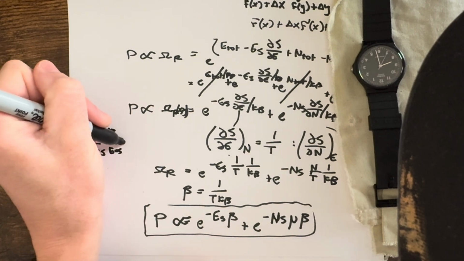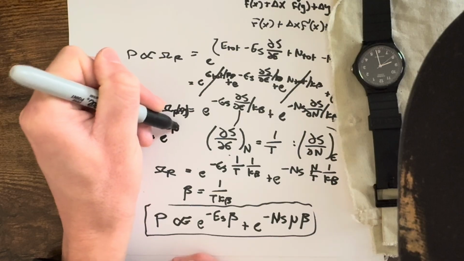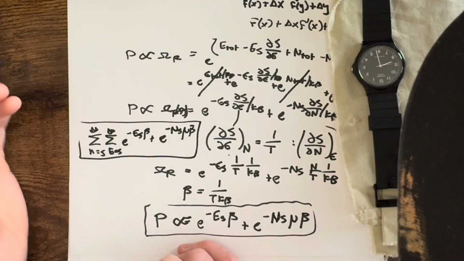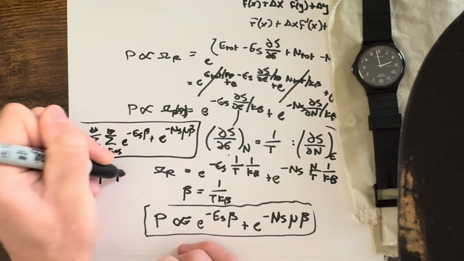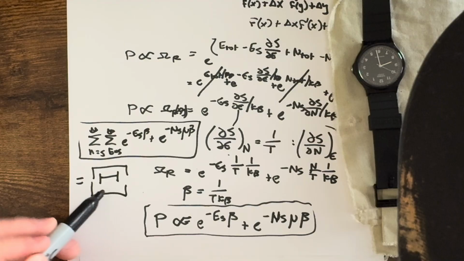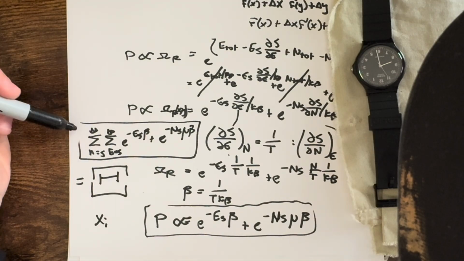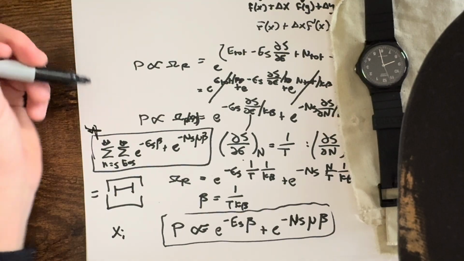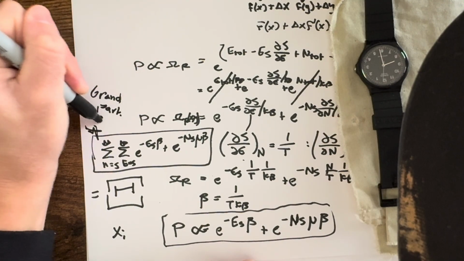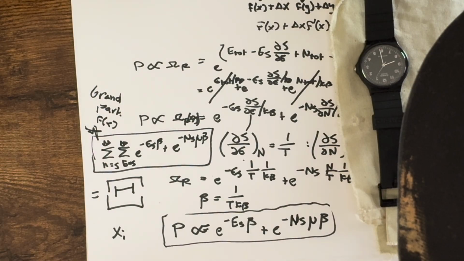And then you write this equation, e to the negative ES beta, e to the negative NS mu beta. This equation has a name in statistical mechanics, and it's labeled with this horizontal-I symbol, the Greek letter G. So this is your grand partition function, and that's where you'll see it, and it's important.